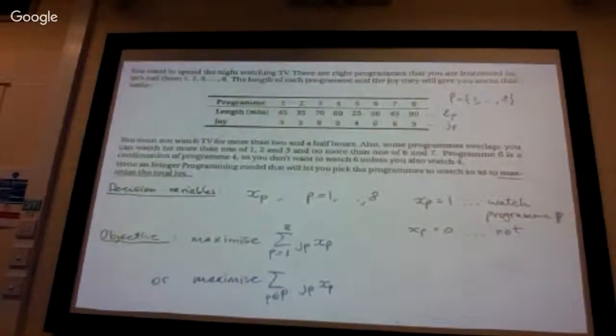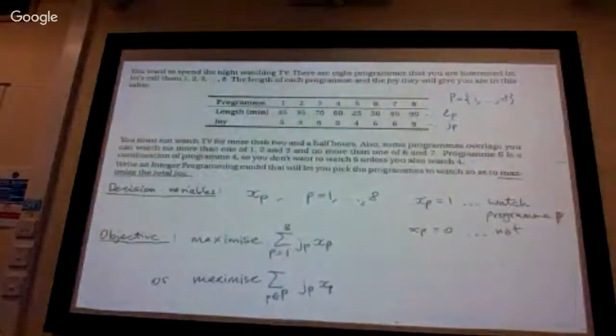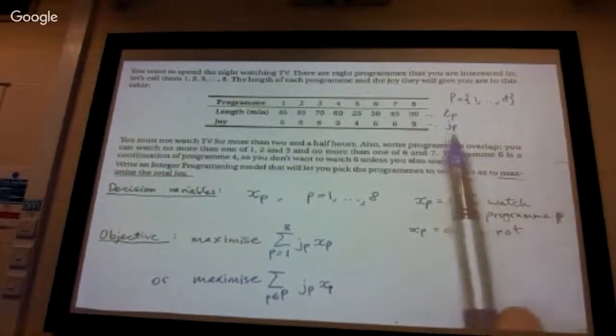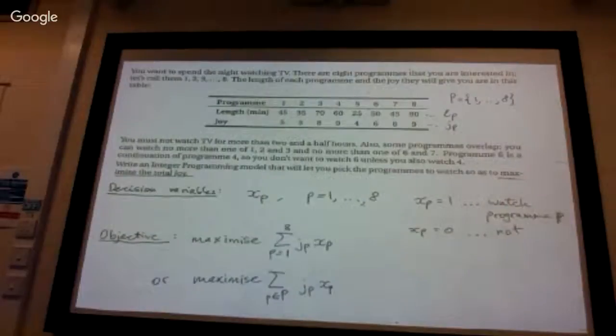Because the exams are coming soon, for the sake of the exam question, if the question says JP is the joy of P or something like that, you don't necessarily have to repeat it in your answer.